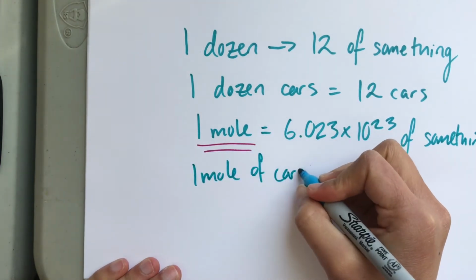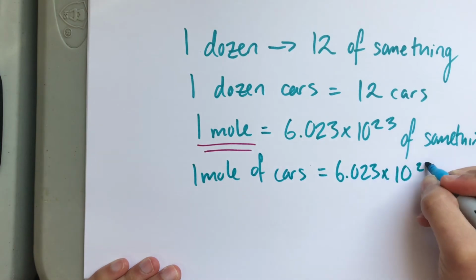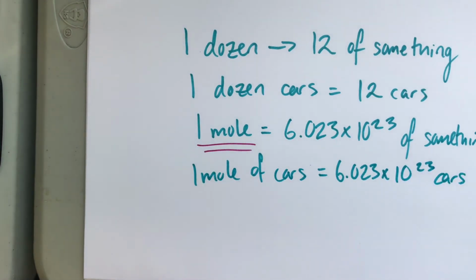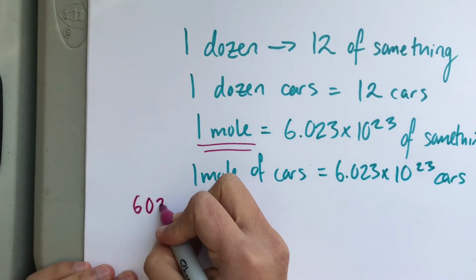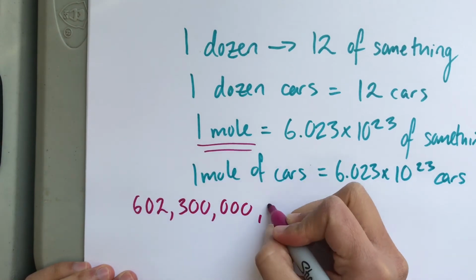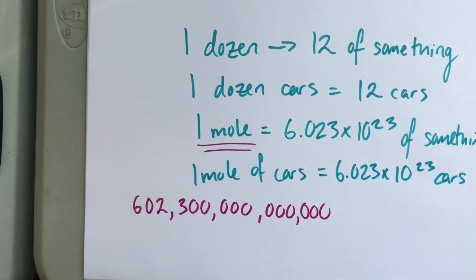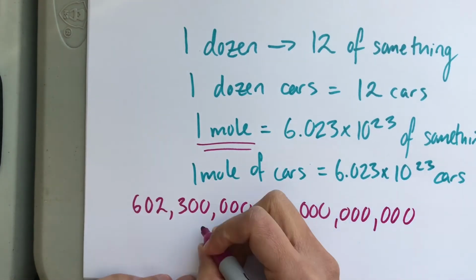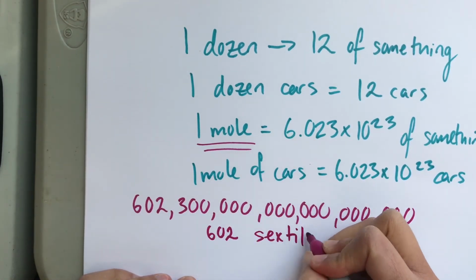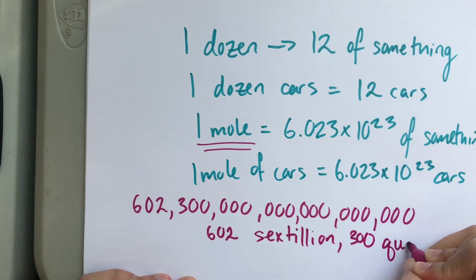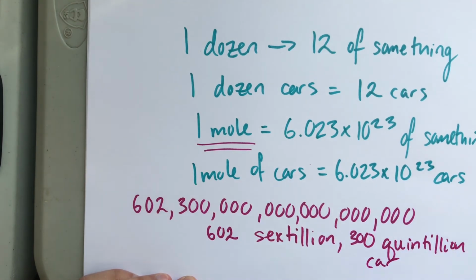If I say I have one mole of cars, that means I have 6.023 times 10 to the 23 cars. I'm going to write this huge number here, with a lot of zeros. It's 602 sextillion 300 quintillion cars. That is a lot of cars.